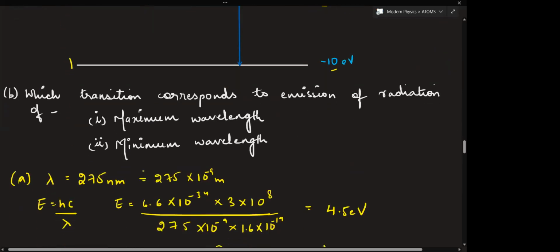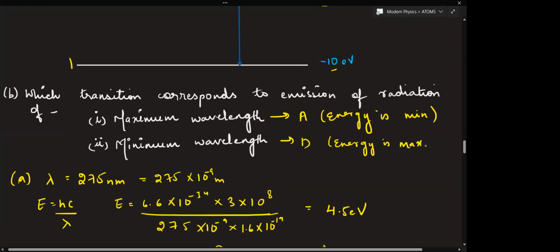So for the second part, the maximum wavelength will be for the transition A, because the energy is minimum, and minimum wavelength will be for D, because energy is maximum. Is this clear?